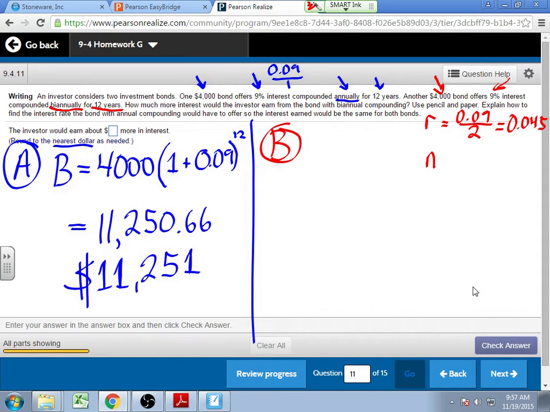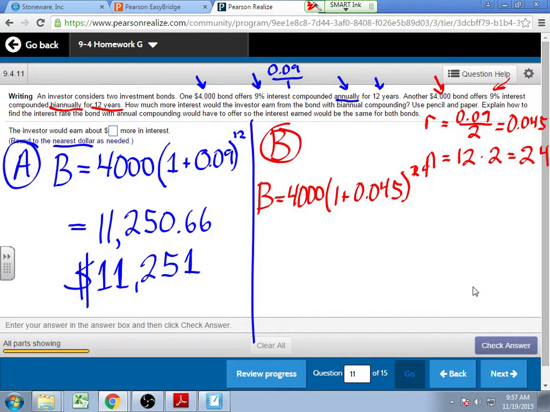And the N is going to be that 12 years times 2 times a year, so that's 24. So now my balance will be the 4,000 times the 1 plus 0.045 to the 24th. That looks kind of bad.